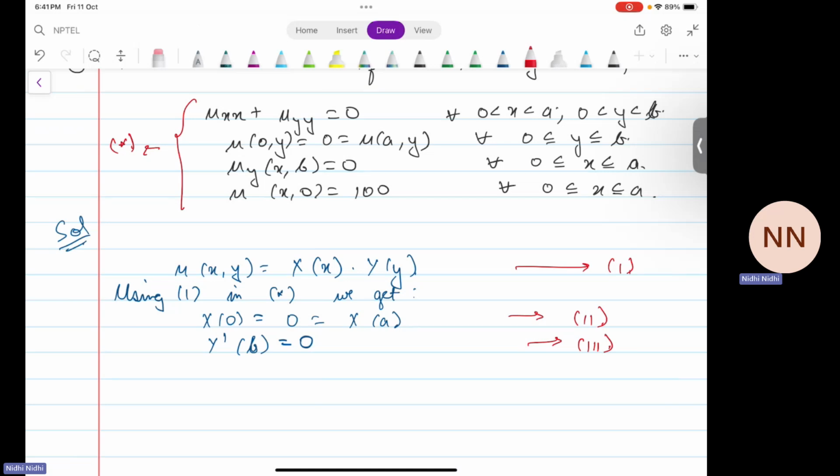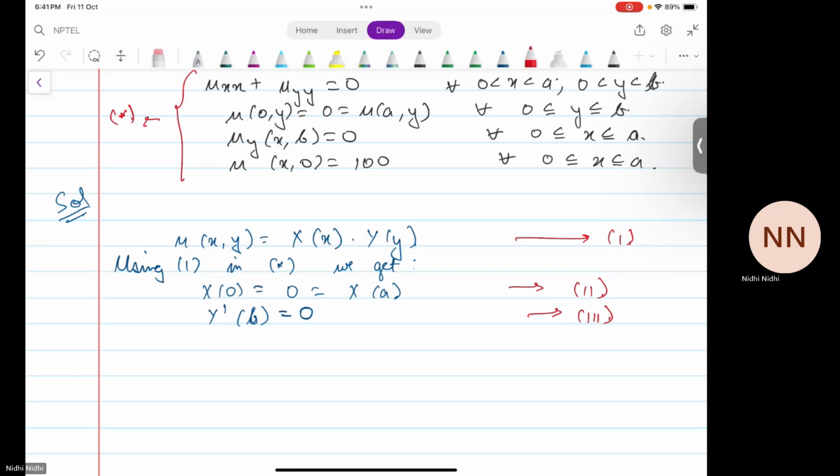And from the equation u_xx plus u_yy equals 0, we will get X double dash X by XX is equal to minus Y double dash Y by Y.